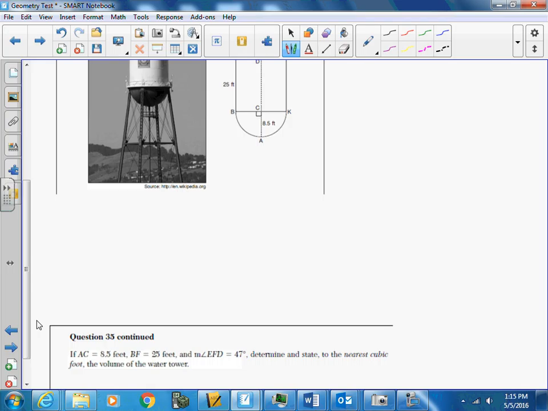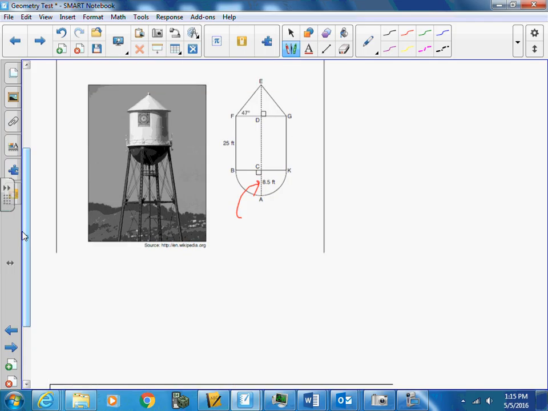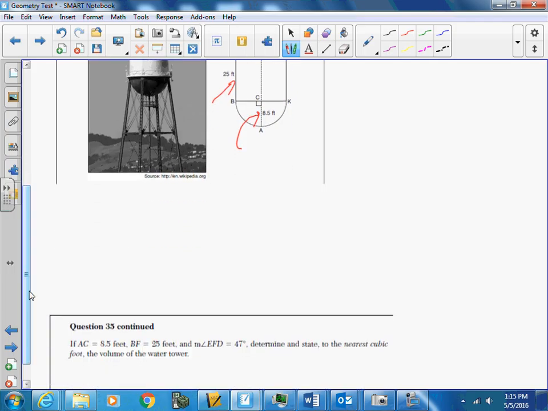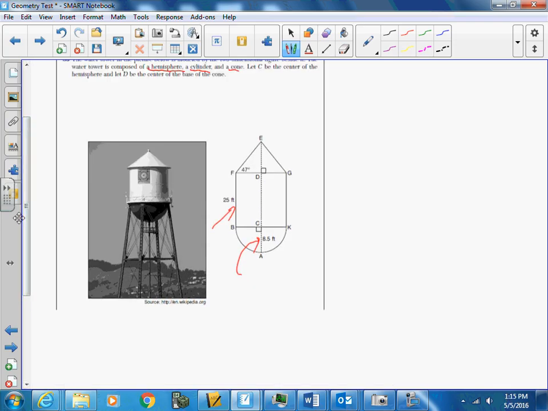It says if AC is equal to 8.5 feet, which they label here, and BF is equal to 25, which they also label here. Sometimes they don't label for you, and this they did on this problem. And then it says the measure of angle EFD is 47 degrees, which is right here.